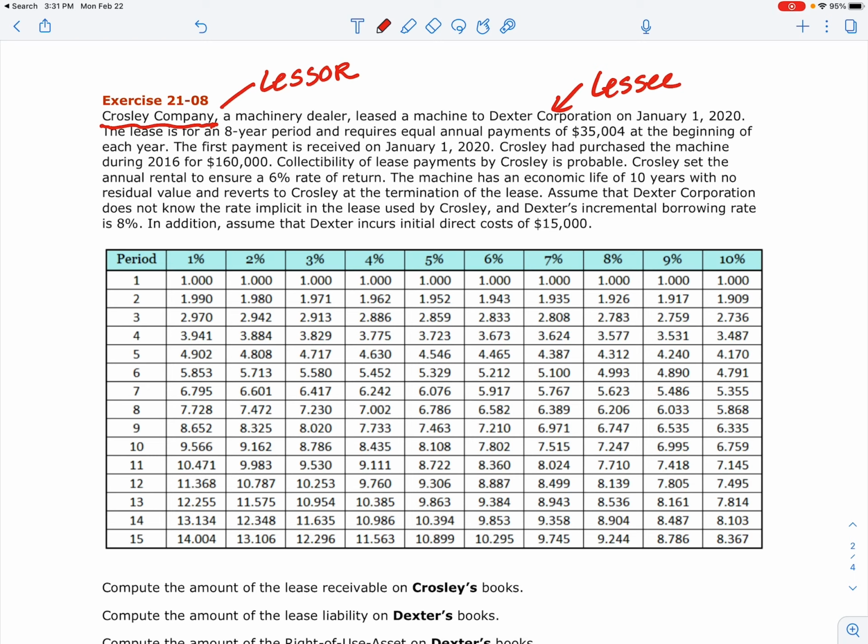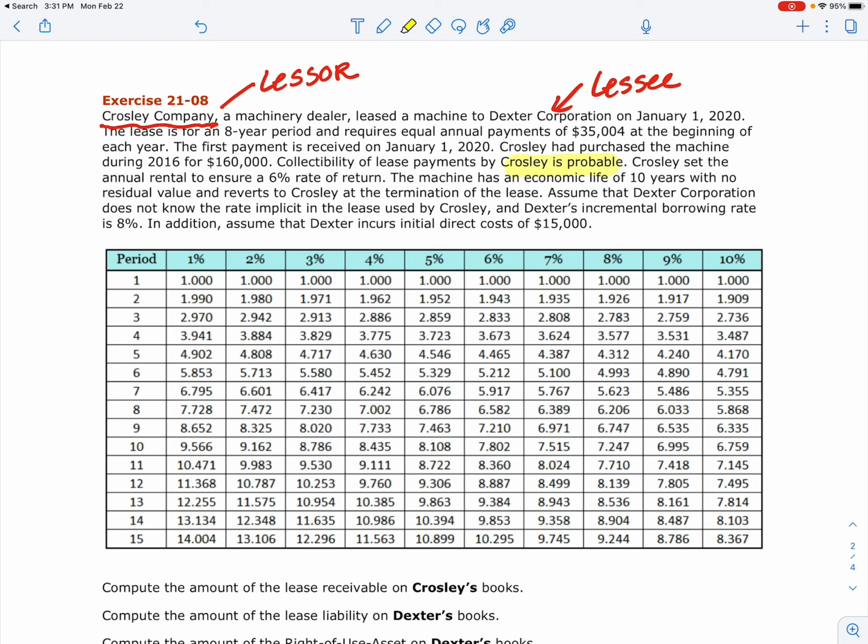The lease is for an 8-year period. Requires annual payments of $35,004 at the beginning of each year. We purchased the machine during 2016 for $160,000, and collectability is probable. We needed to know that, because that's going to make a difference in how we record.